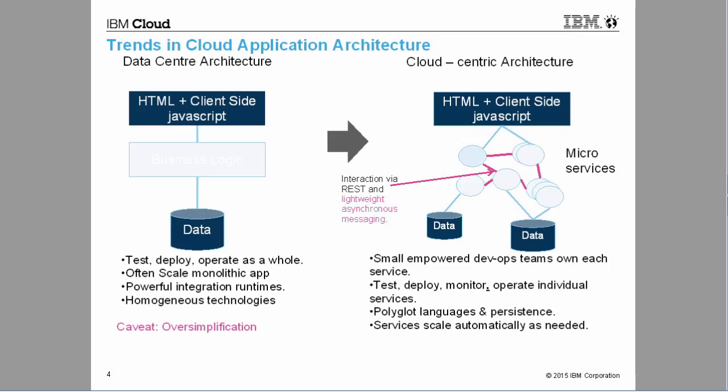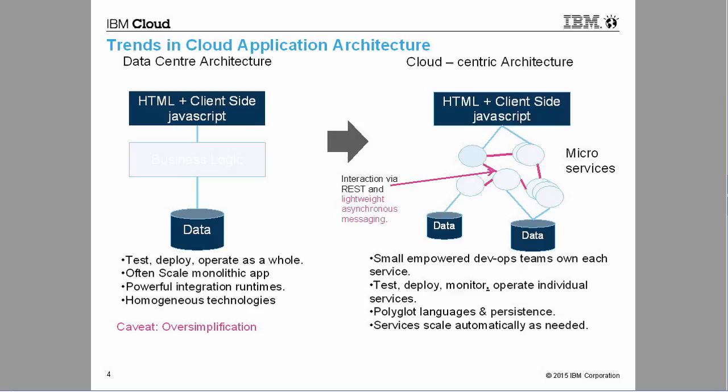Let's go to the next slide and see the trend in cloud architecture in the present world. There's the data center architecture and there's a cloud-centric architecture. The left side of the diagram shows how a data center architecture is designed.